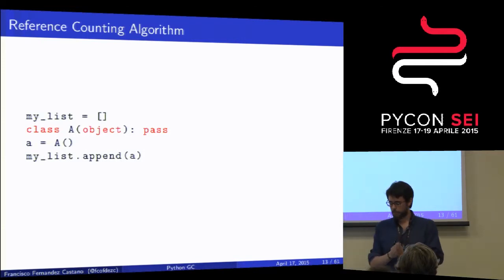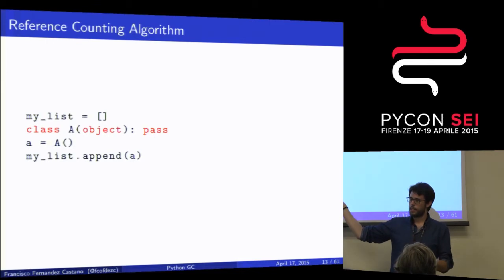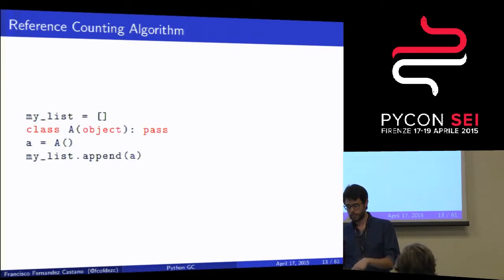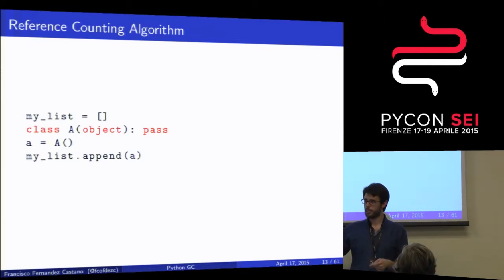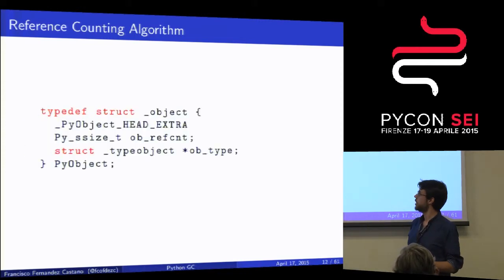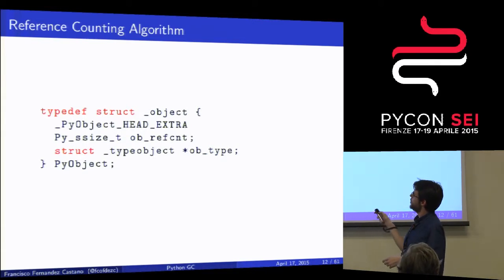But now my list will append. I am appending the instance of A to my list. So now the counter is 2 on the object, because at least 2 objects are referencing this instance. So here is the counter that I'm telling you.